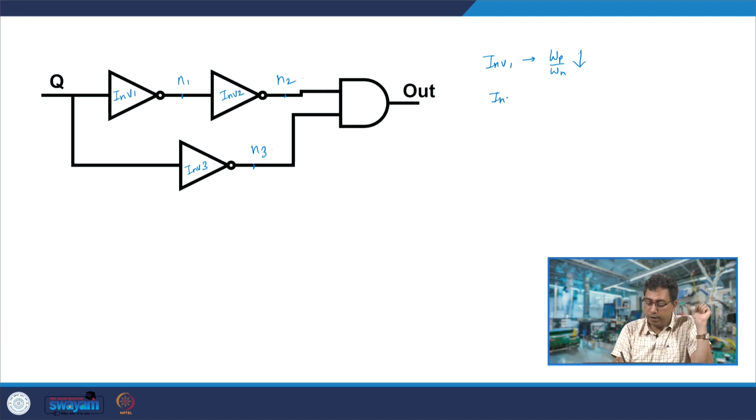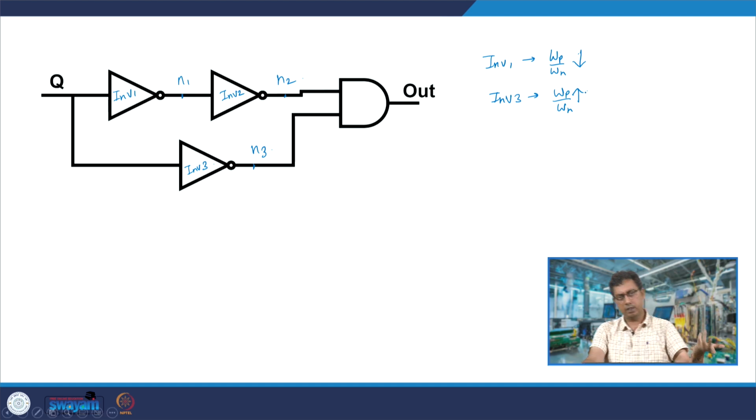Likewise, for inverter 3 the value of Wp by Wn can be very large. Suppose it is double or 3 times the Wp by Wn that you choose for a balanced inverter. Now, with this let us see what happens when the value of Q can be wrongly latched, but it is a proper 0 or 1.